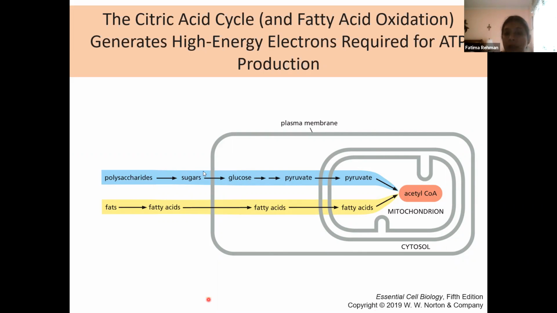So for sugars, you first break down the sugars to create glucose molecules, which are then broken down in the cytoplasmic space, inside the cytoplasm, through glycolysis, to create the pyruvates.